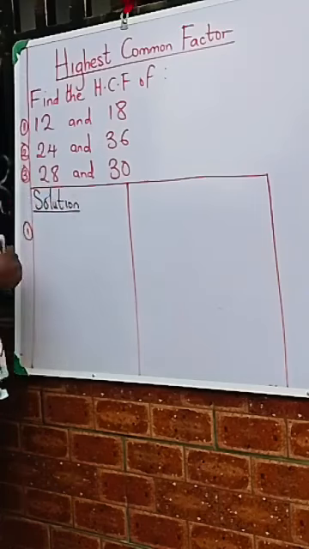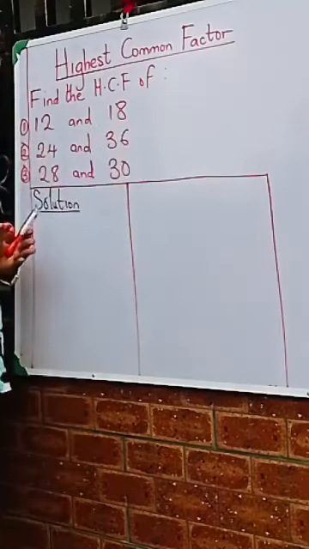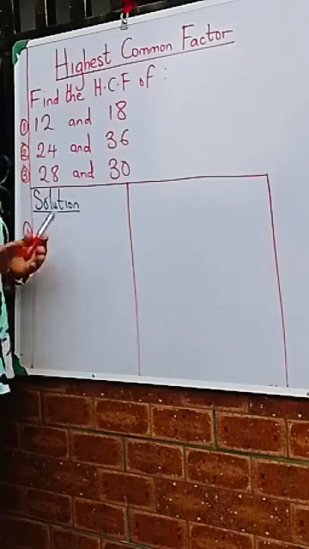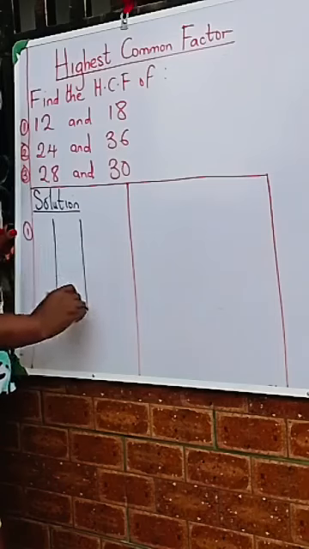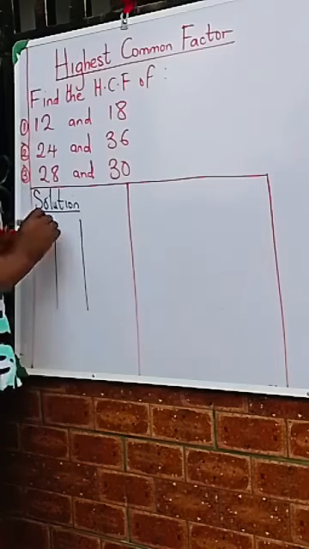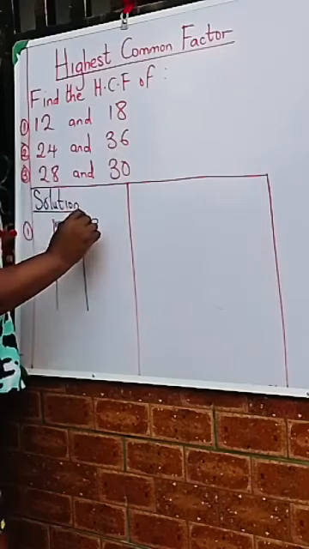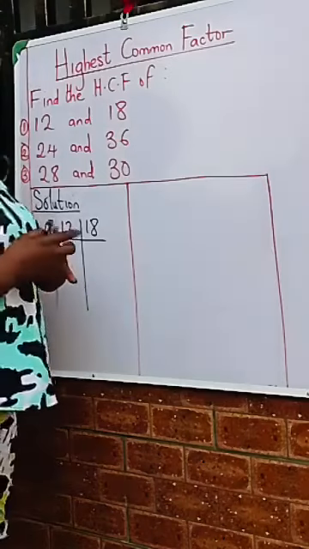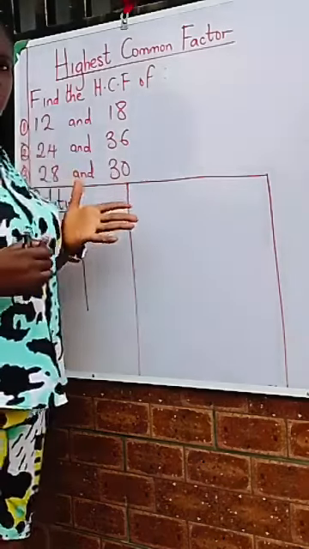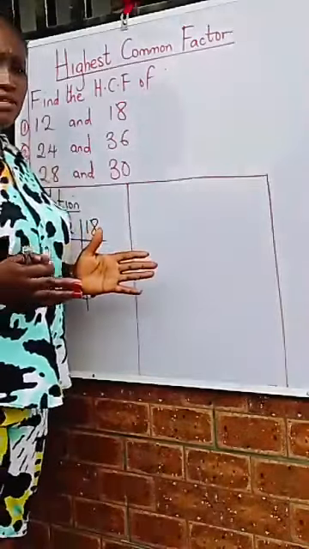Now let's find the HCF of 12 and 18 using the prime factor method. We draw out our line. We'll write the first number here, 12, the second number here, 18. I remember I told you that when you are solving LCM, you pick a number that can divide any of the numbers.